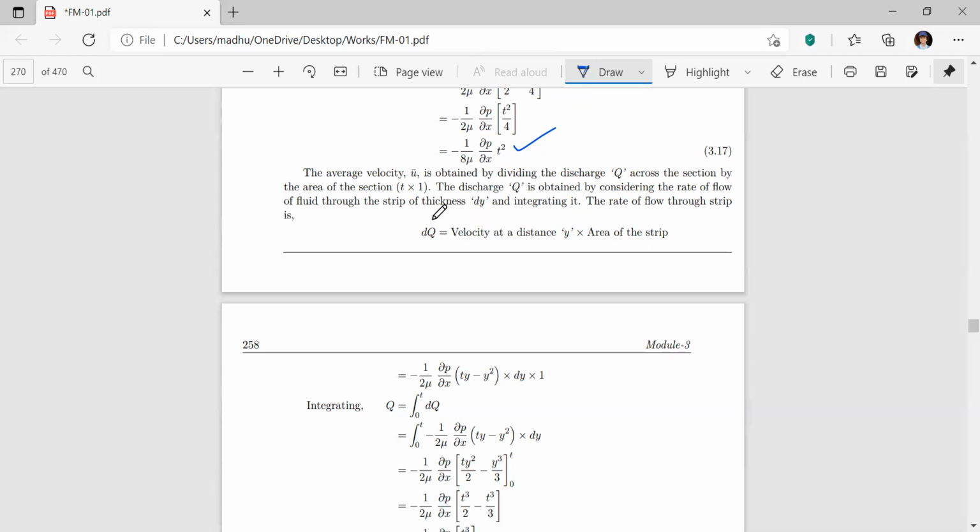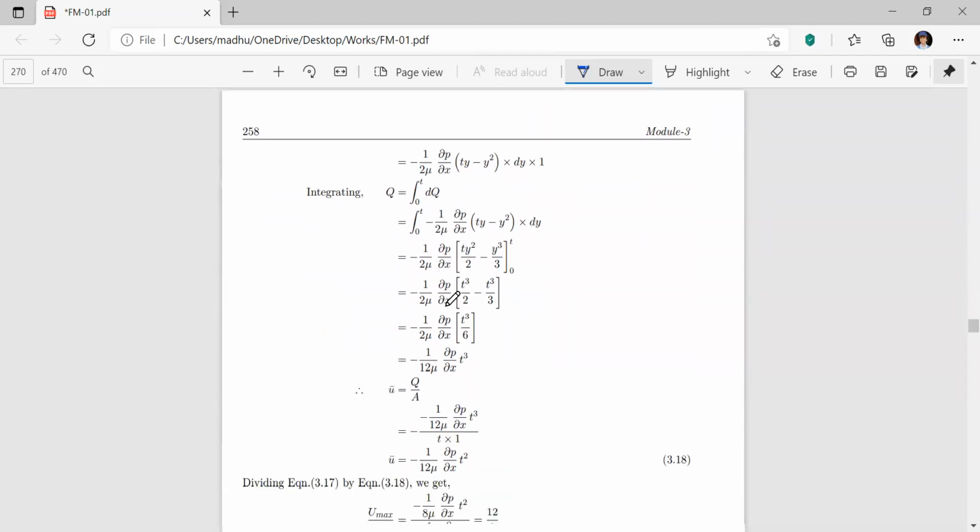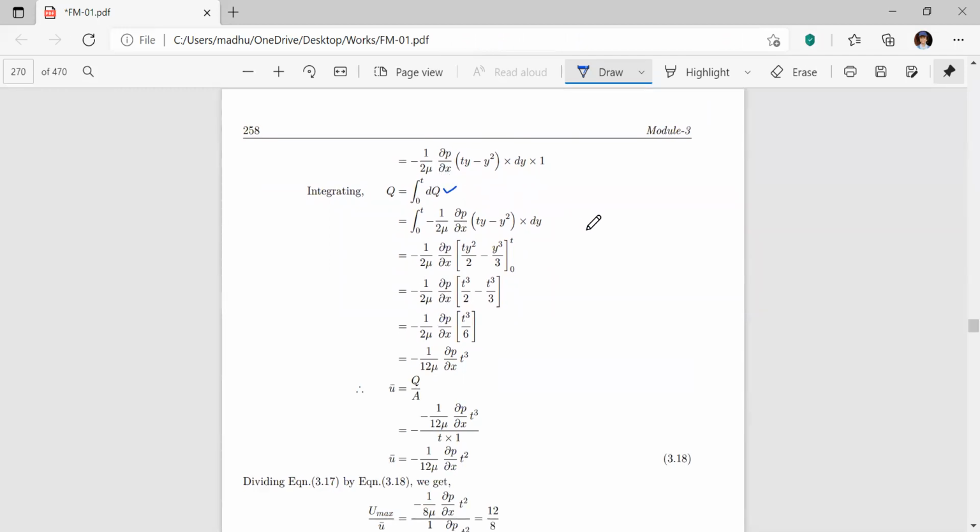We know that q is equal to area into velocity; that is the continuity equation being used. Velocity at a distance y can be written as minus 1 by 2 mu dp by dx into (ty minus y square). This is the velocity distribution equation, and the area of the strip will be dy into 1, so unit thickness is considered. Integrating dq from 0 to t, we will get the value of q.